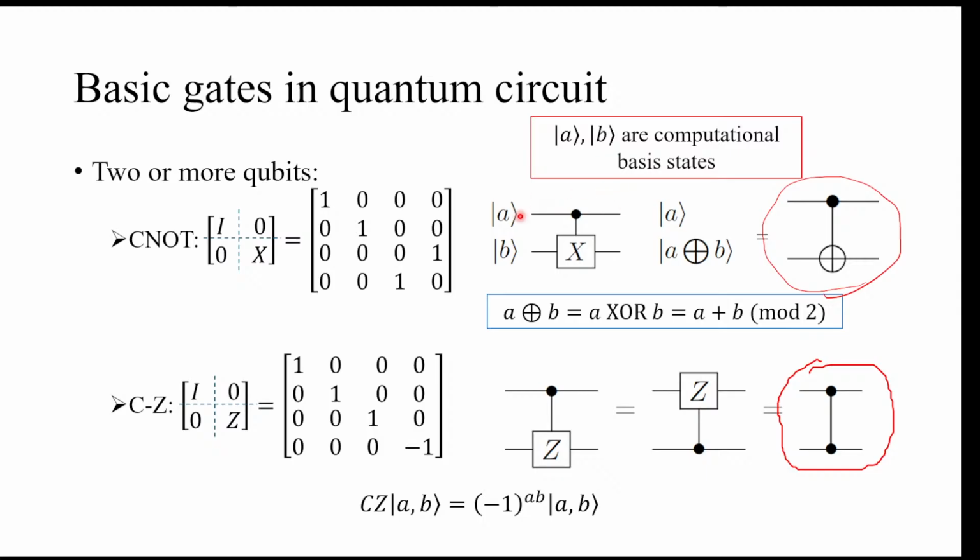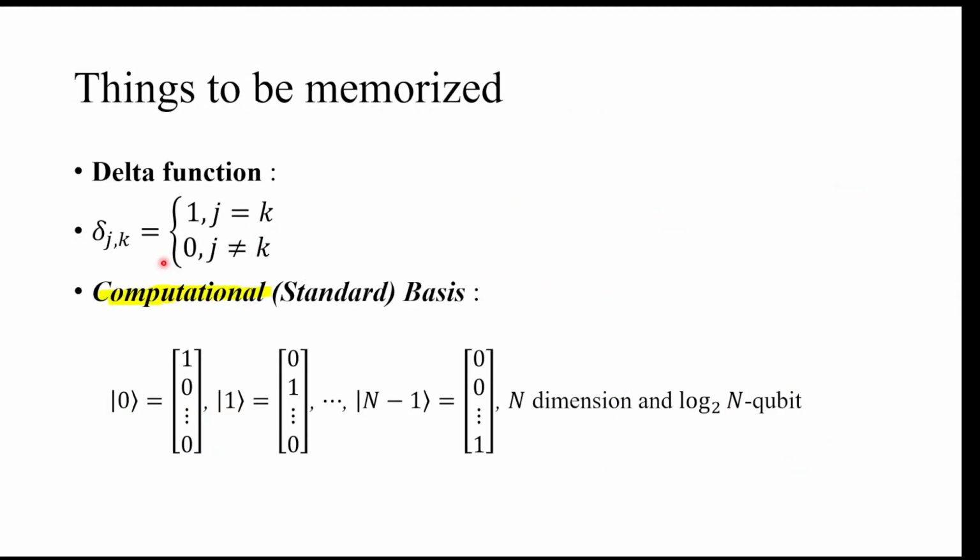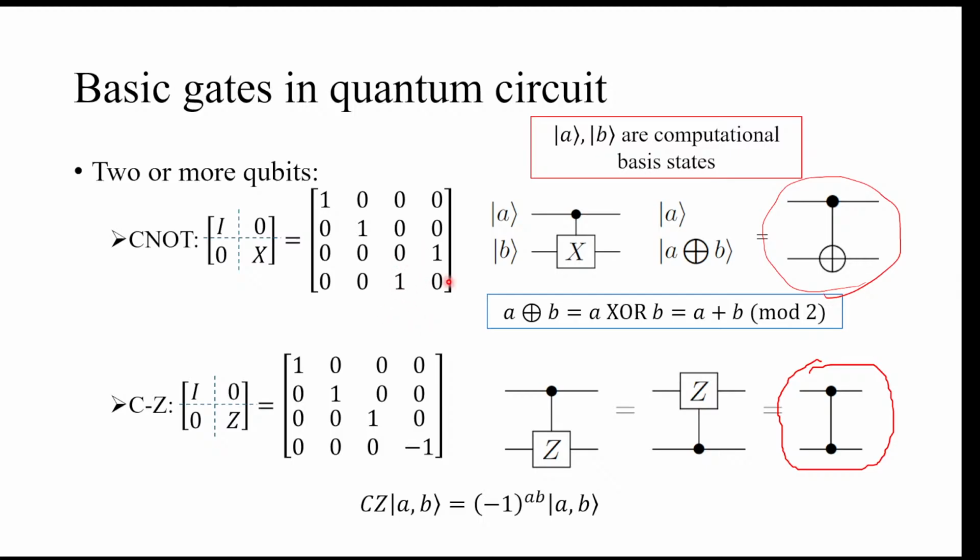And so what you do is basically apply a controlled X gate. So control on the first qubit: depending on whether the first qubit is 0 or 1, you will either apply the X gate or not apply the X gate on the second qubit. And the X gate is also just a NOT gate. So you think about what the X gate does, it basically just applies the NOT gate on this qubit.